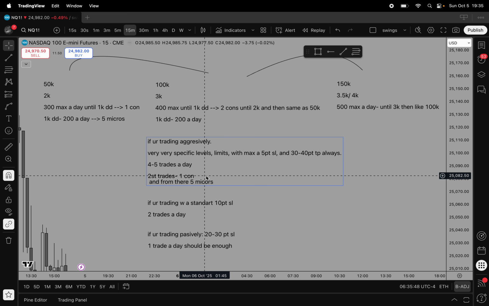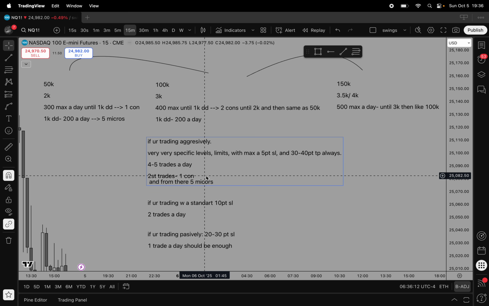So I was like, okay, if I limit my daily loss limit to 300 instead of focusing on just needing to do one trade a day, then I can trade whatever I want, right? I can be trading a 2 point stop loss and trading 15 times a day, as long as you're not risking more than 300.